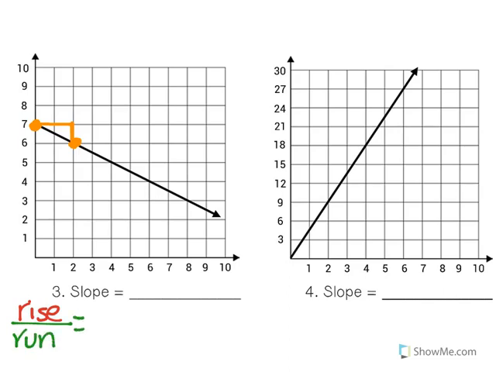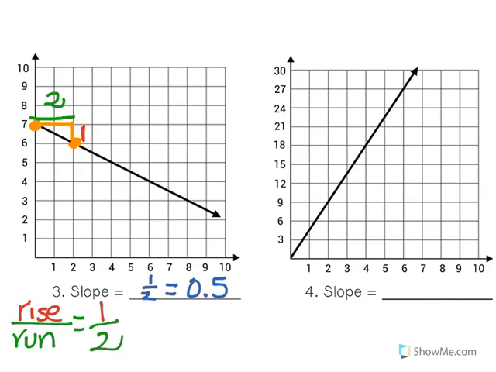My rise is 1, 6 to 7 is 1. My run on my x-axis is going by 1, so it's 1, 2. So my slope is 1/2. If you wanted a decimal, it's 5/10, or 0.5. That's my slope.